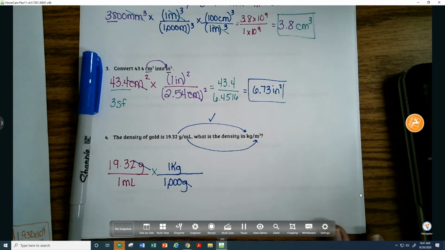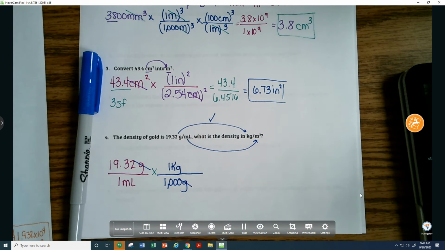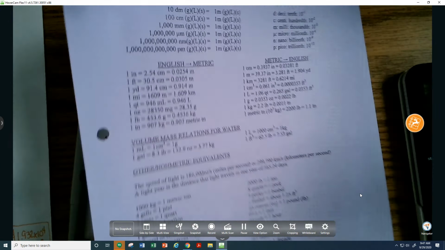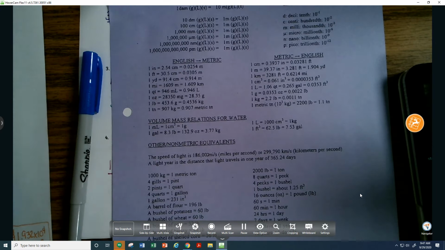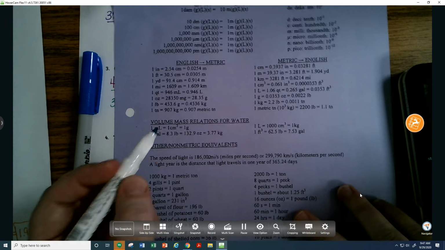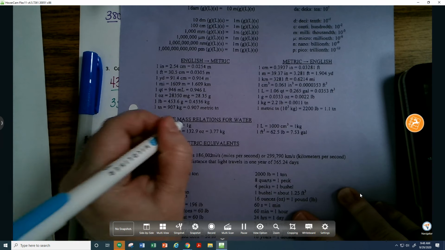And actually, let me just grab a Holy Grail sheet real quick. Okay, where you're going to find this, and you may want to highlight it or put a big star next to it, is this conversion factor right here.